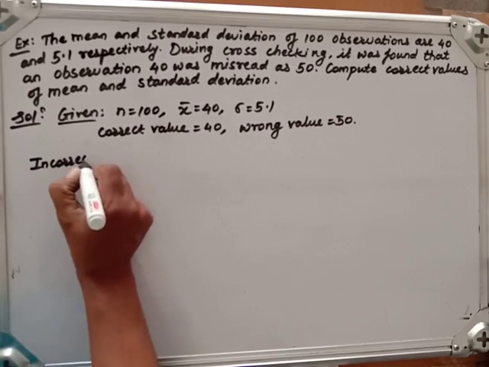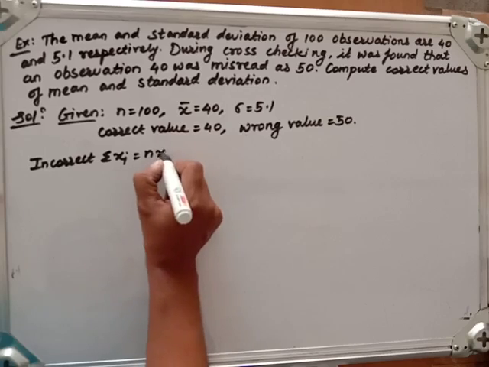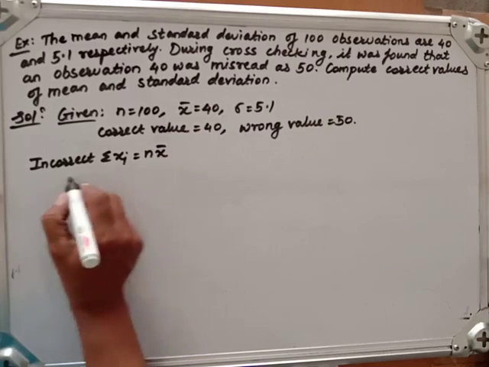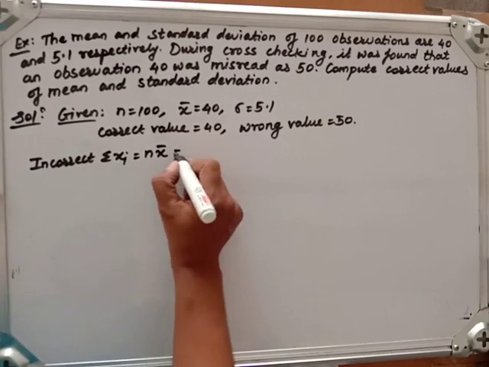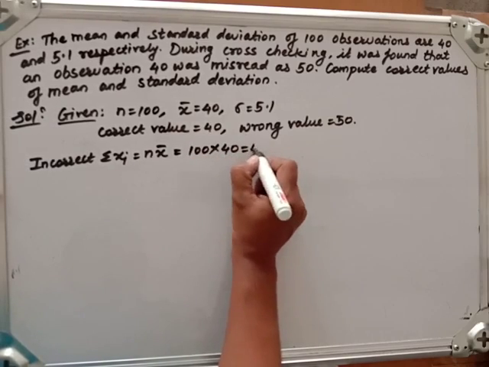Already we have explained it in detail. So let me write, the incorrect summation xi is n into x bar, that will be 100 into 40, so it will be 4000.